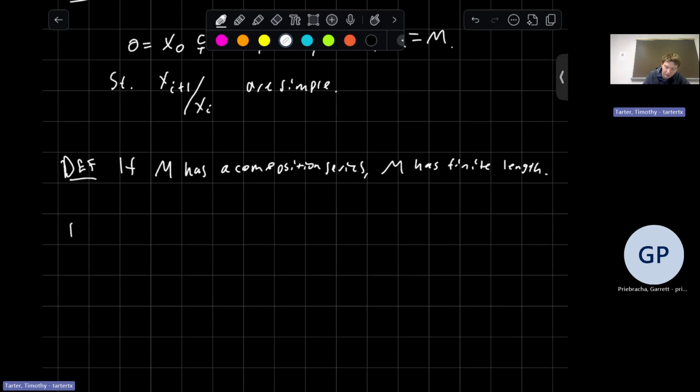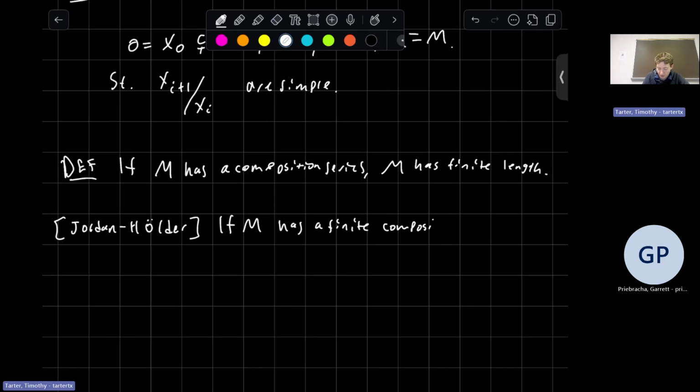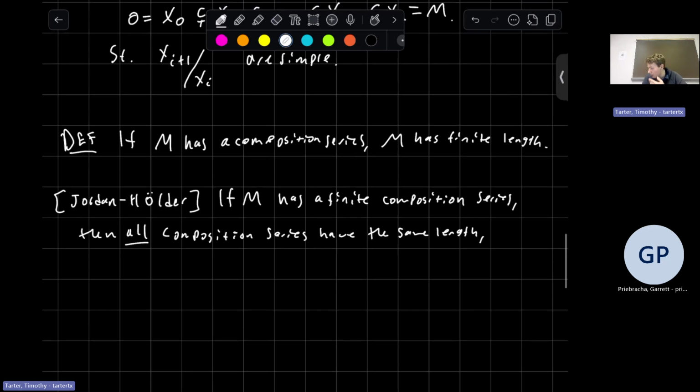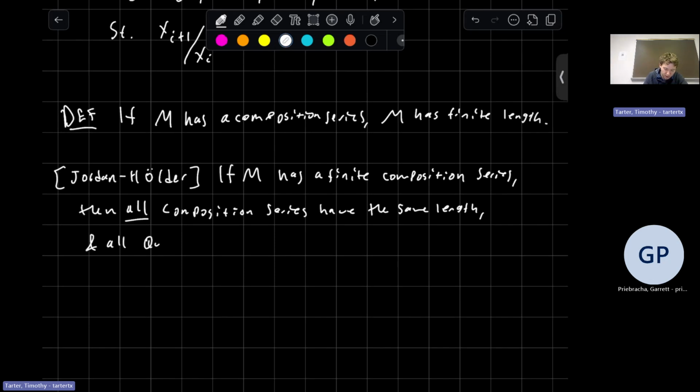And then the Jordan-Hölder theorem, and I'm assuming I'm pronouncing that correctly, but I might not be, is that if M has a finite composition series, then all composition series have the same length, and all quotients are the same, possibly rearranged.